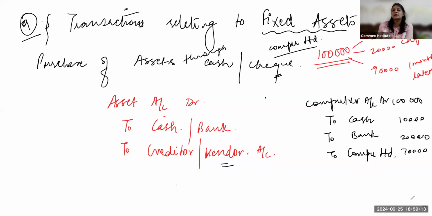Now the next transaction is a complicated and an important one. This is 9A, purchase of asset.